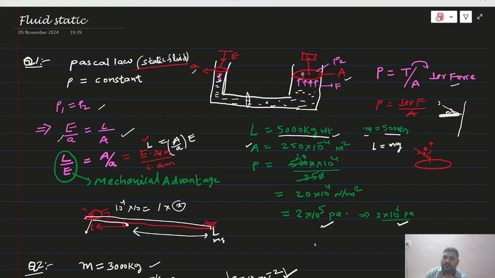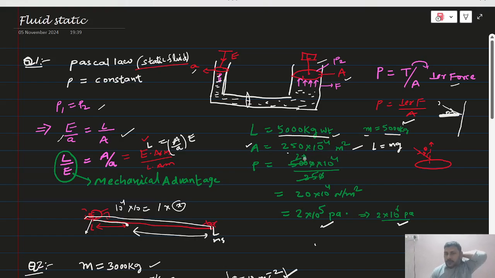Coming to general applications, the question is given: the load of 5000 kg mass I want to lift. Sometimes they will give 5000 kg weight. This is the weight of a vehicle, like a car or bus, placed on an area of cross section 250 into 10 power minus 4 meter square. Very important: the load is given in kg. Sometimes the area will be given in centimeter square, and you must convert it into meter square, otherwise the answer will be wrong.